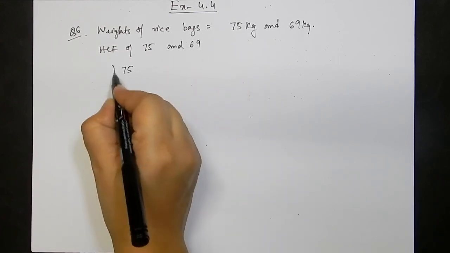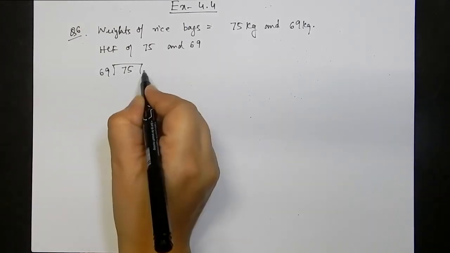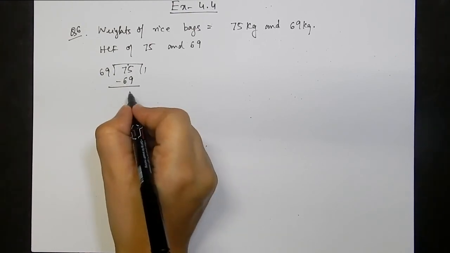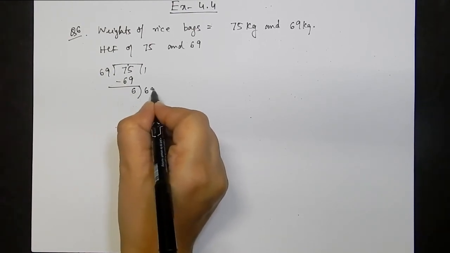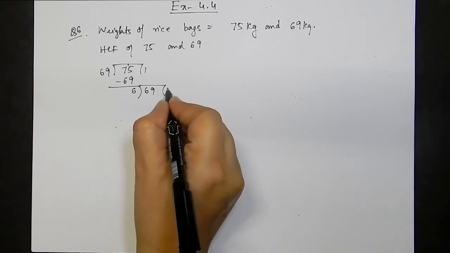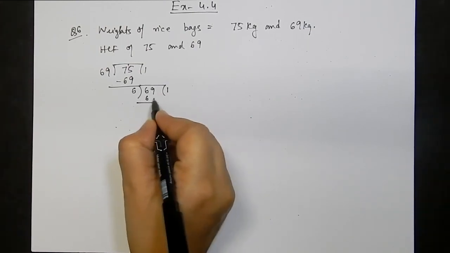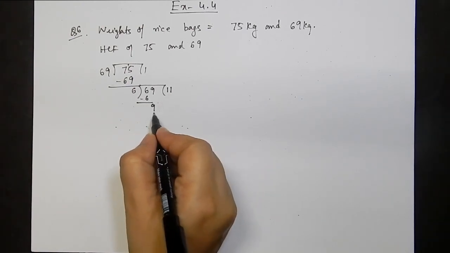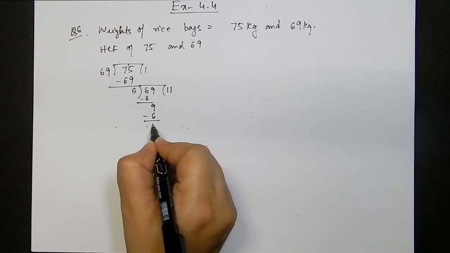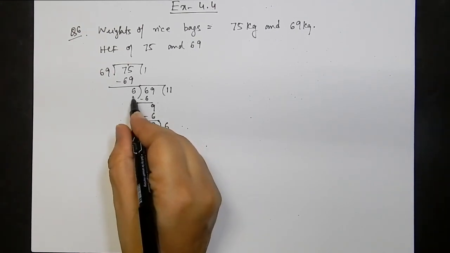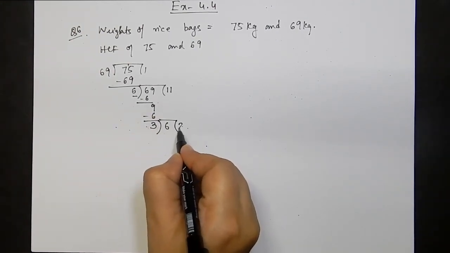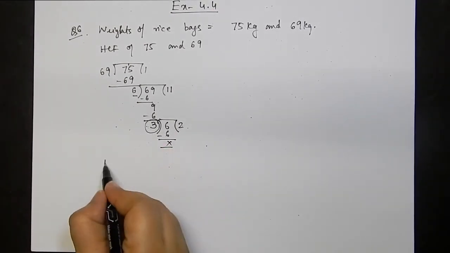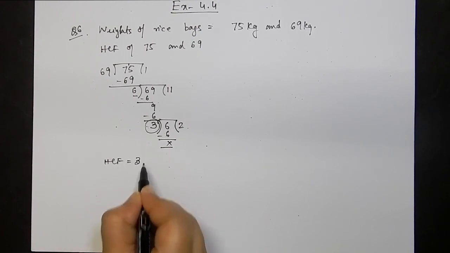So 75 divided by 69. 69 ones are 69. 15 minus 9 is 6. 69, 6 ones are 6. Then 9 comes down. Again 6 ones are 6. Remainder 3. Again this 6 comes down over here. 3 twos are 6. So remainder 0. So what is the HCF? HCF is equal to 3.